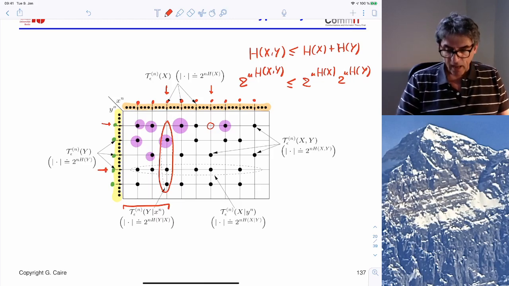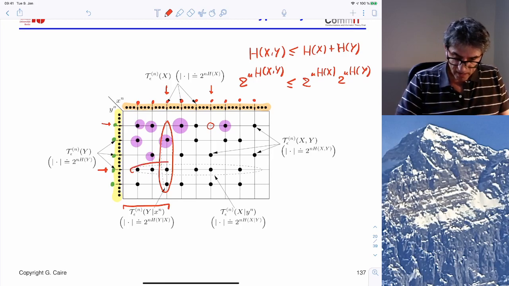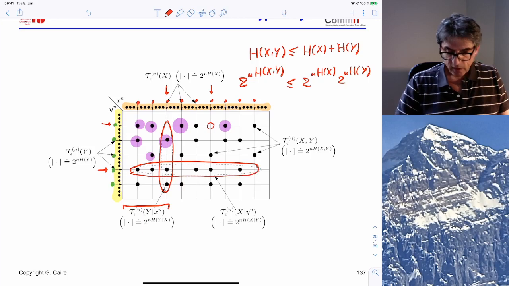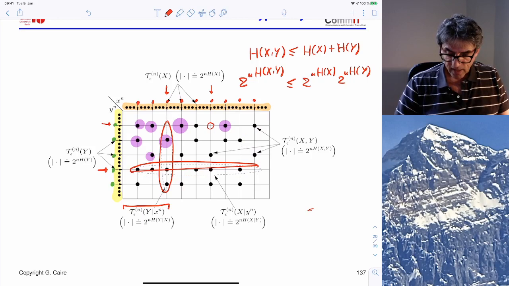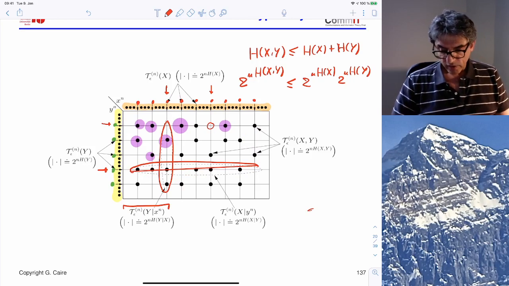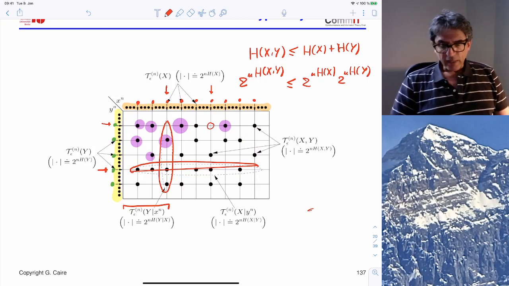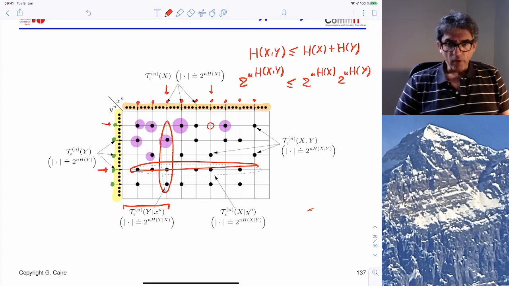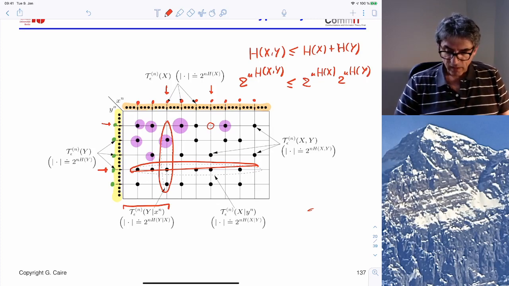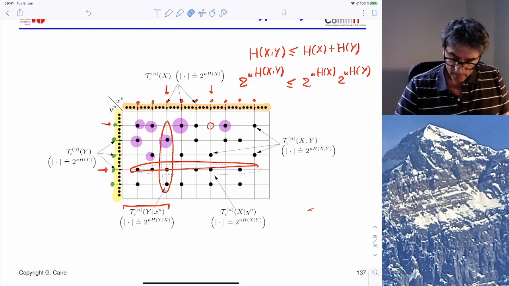If I pick an individually typical sequence y, there will be a set of sequences x that is jointly typical with that specific y, and this has the size of 2 to the n times the conditional entropy. Okay, so this is a good picture to remember.